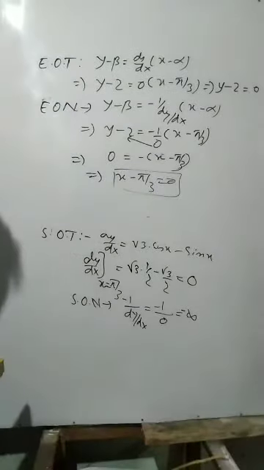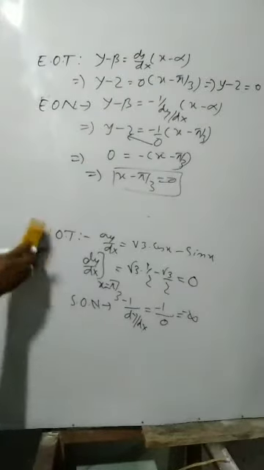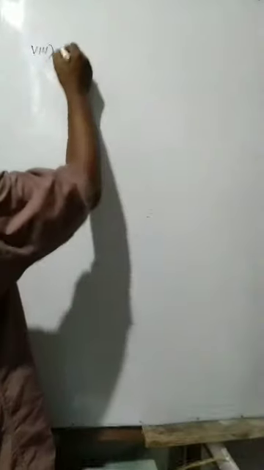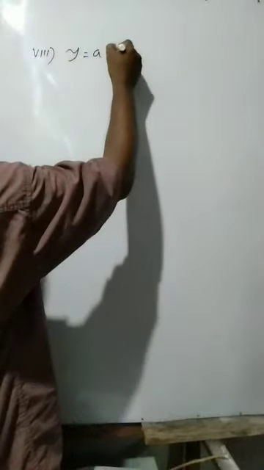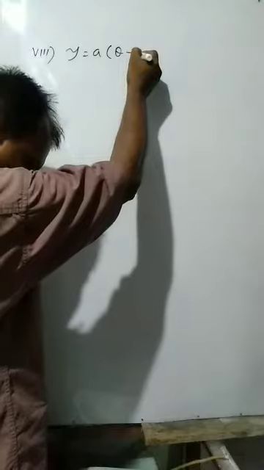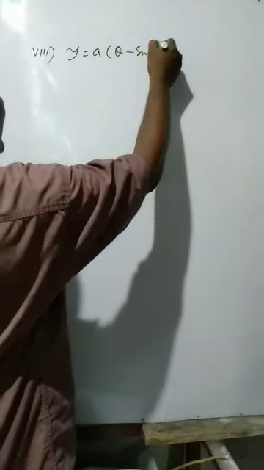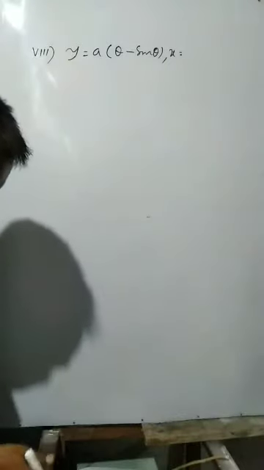So here another question you will get. Question number 8. In question number 8, what is given? y equal to a into theta minus sin theta and x equal to, these both are given wrongly.